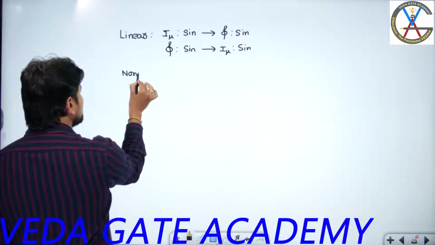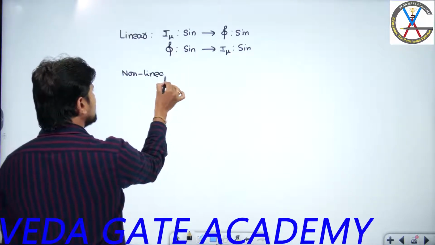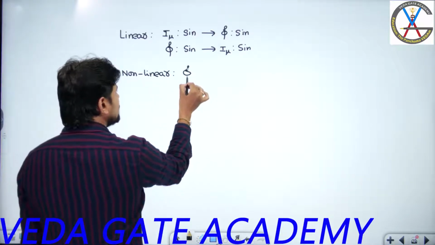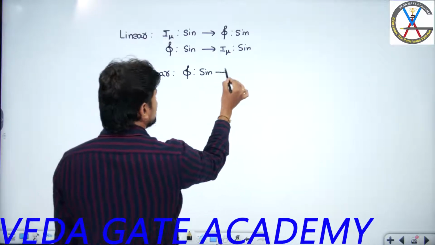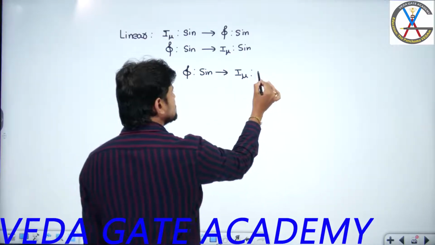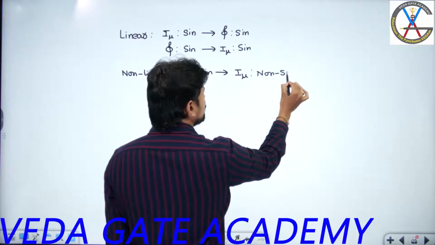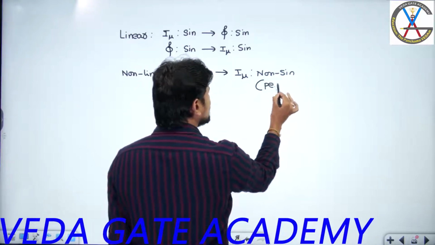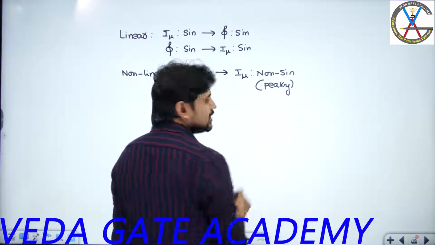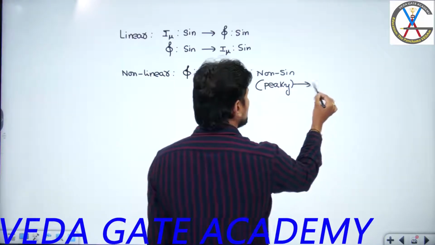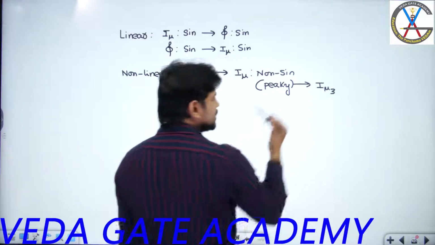Whereas if you are considering a non-linear core or non-linear machine, then in order to get a sinusoidal flux, the magnetizing component of current must be non-sinusoidal. And what is the exact shape? Is it a peaky waveform or a flat-topped waveform? It is a peaky waveform which contains a dominant third harmonic component of current.